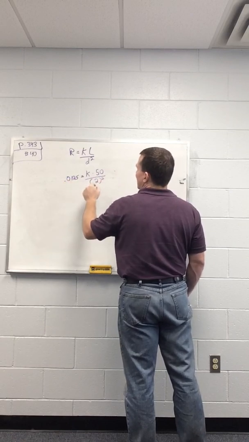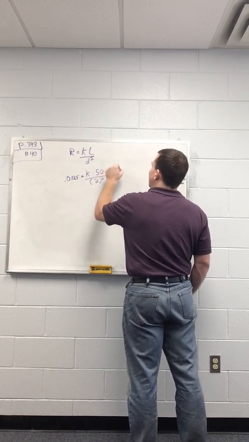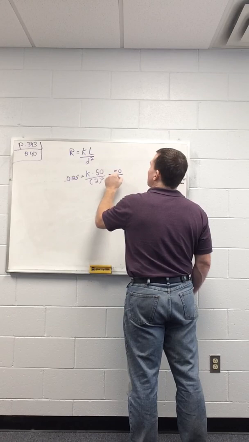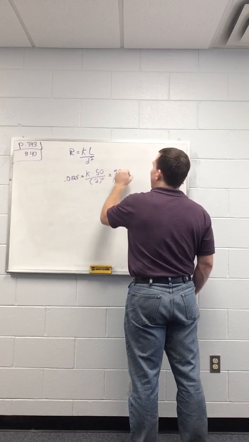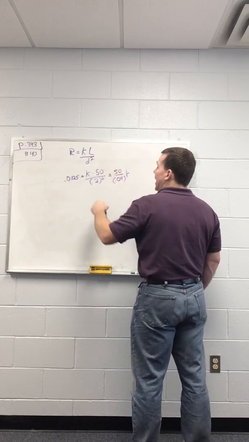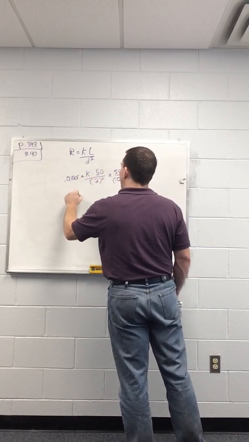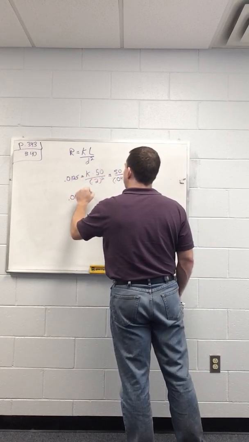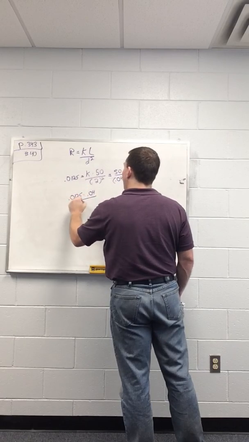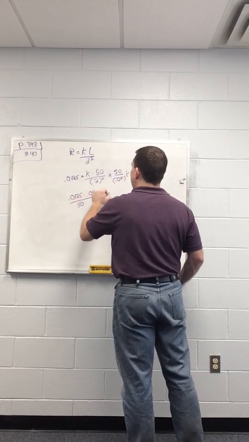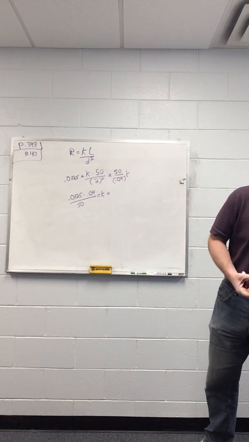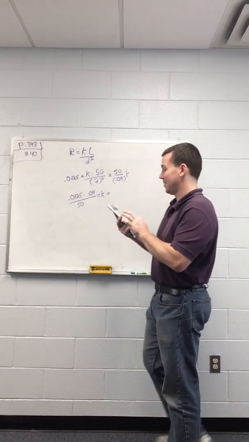0.2 squared is 0.04, so this becomes 50 over 0.04 times K. Then I will multiply by the 0.04 and divide by the 50, and I'll get 0.0125 times 0.04 all over 50 equals K. Now I'll do what you guys are going to do and hit buttons on my calculator.